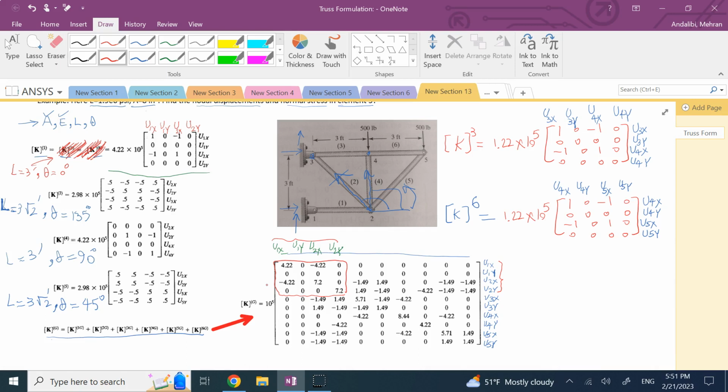Element 3 is between what and what? Between, as you can see here, is between 3 and 4. So if I add them here, u3x, u3y, u4x, u4y, and let me just add the 5 as well here. So it's between 3 and 4. So 3 and 4 is here, and then it is here. So it's exactly gonna go what? It's exactly gonna go like this.